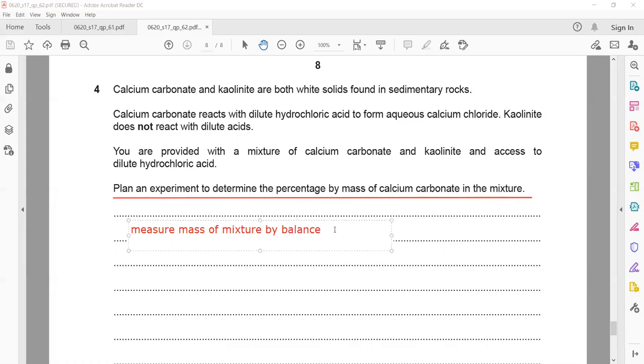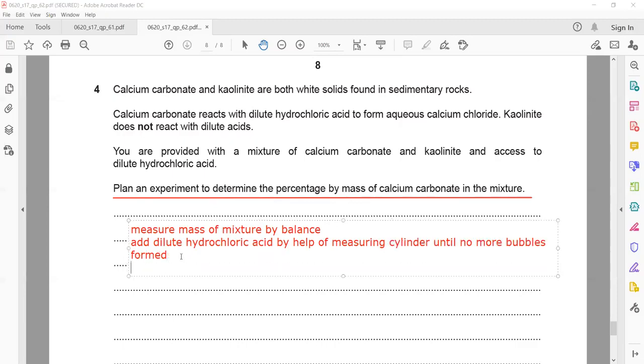Then add dilute hydrochloric acid with the help of a measuring cylinder, burette, or a pipette, until no more bubbles form. It shows that all of the calcium carbonate has reacted.